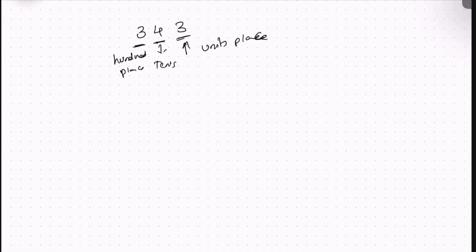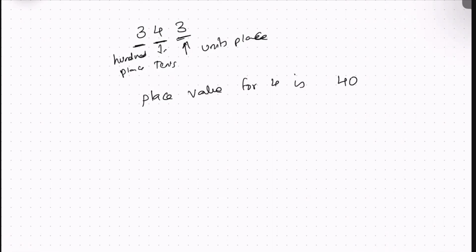If the digit is present in the units place, then the place value of 3 is 3 because it is in the units place. And if the digit is in the tens place, for example, the place value of 4 in this number is 40 because 4 is present in the tens place.